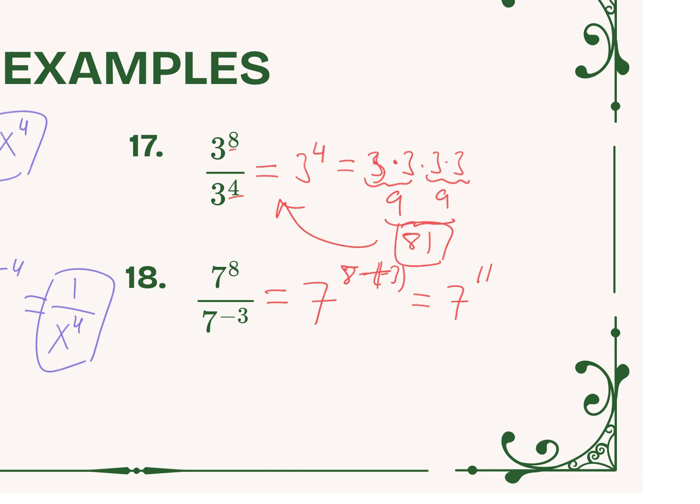I'll tell you more in class of what I expect with the exponents. But generally, like above 4, you're good to just leave it alone, right? Unless it's like 2 to the 5th, right? 2 to the 5th is relatively small. But again, the specifics of that I'll talk to you guys about in class, right? But 7 to the 11th is fine. I don't expect you to actually work that out.